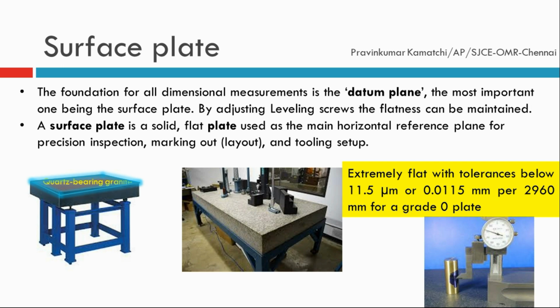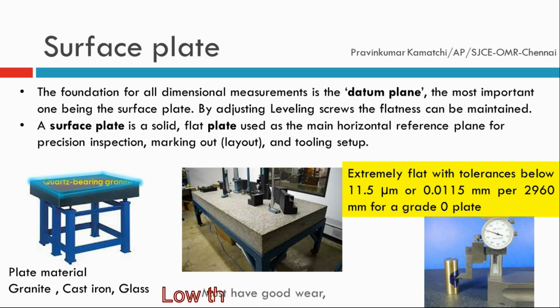These flat surface plates are used as a main horizontal reference plane for precision inspection, marking out and some tooling setup. Surface plates are generally made of cast iron, granite, and some plates are made of glass materials also. The surface plate must have good wear resistance and very low thermal expansion. That is a very important one.